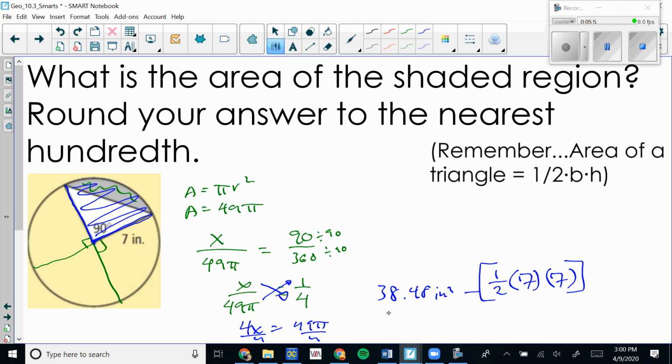Take what I have in my calculator currently, which is 38.48 inches, and subtract, in parentheses, 1/2 times 7 times 7, or you could even type in 49 if you know that. This whole thing then gives me 13.98.